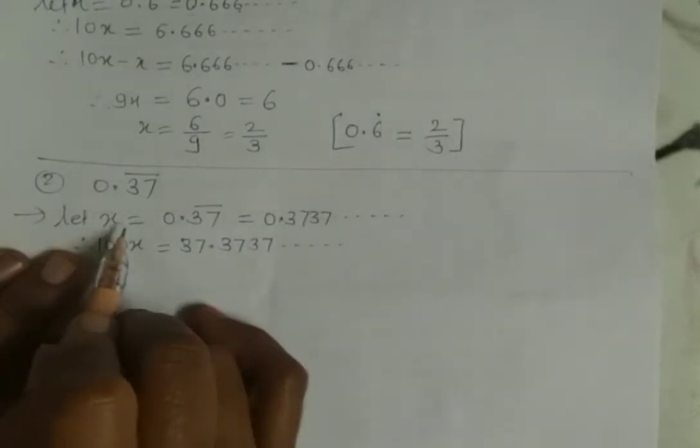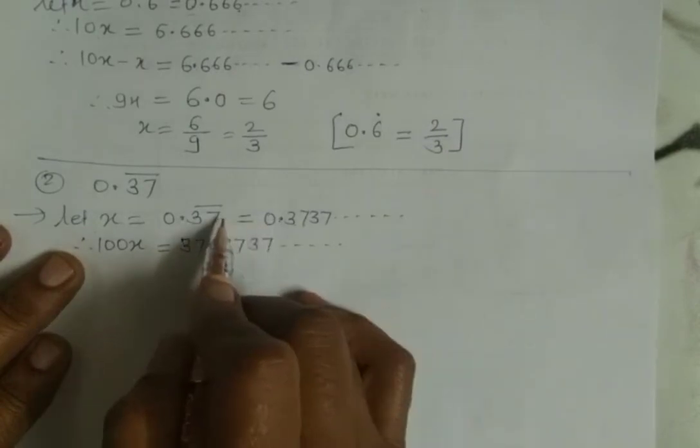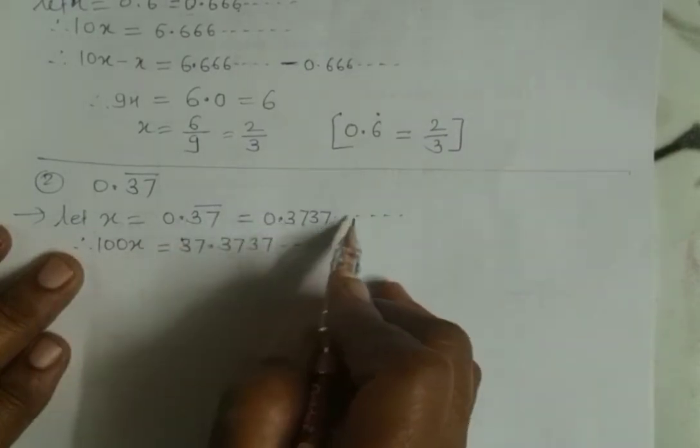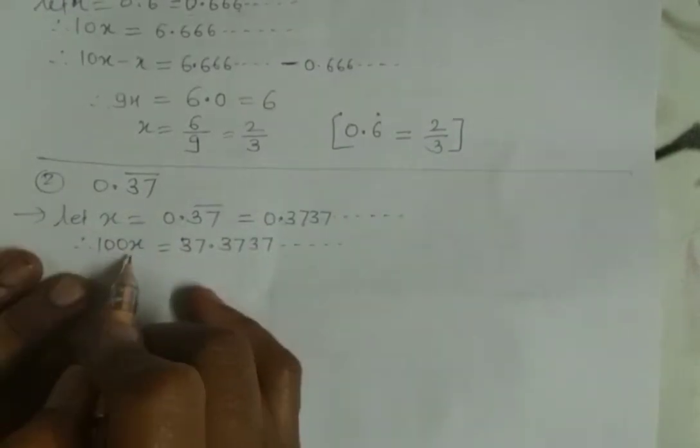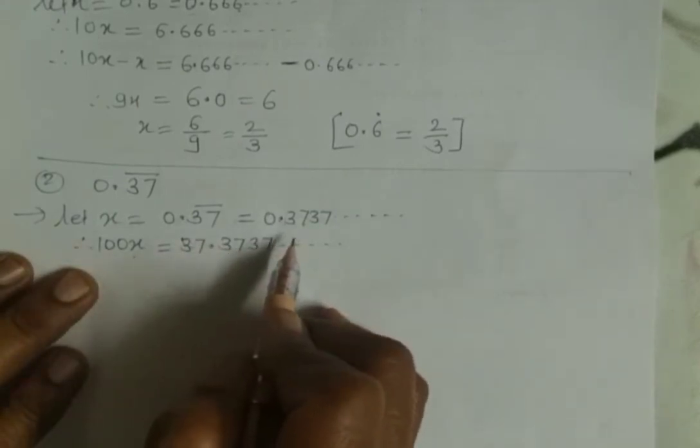Let x is equal to 0.37 recurring, meaning 0.3737 onward. 100x is equal to 37.3737 onward.